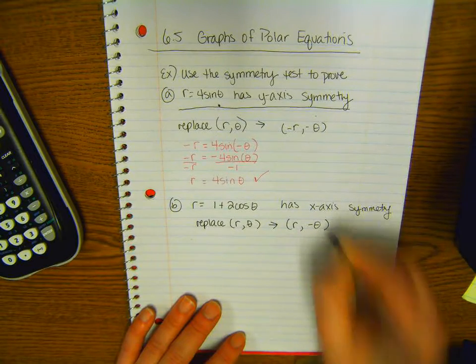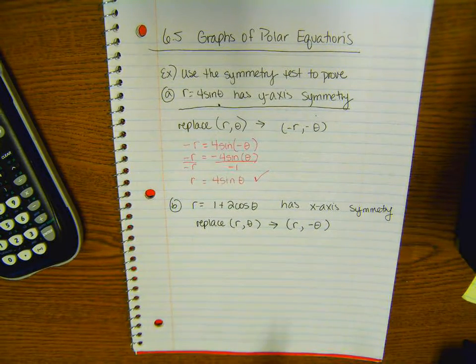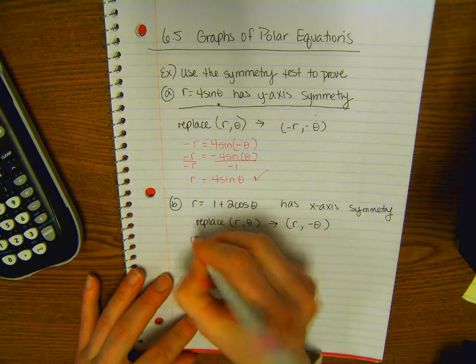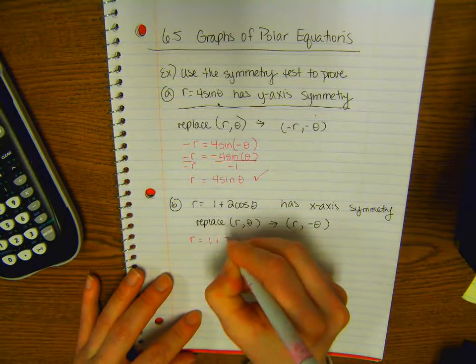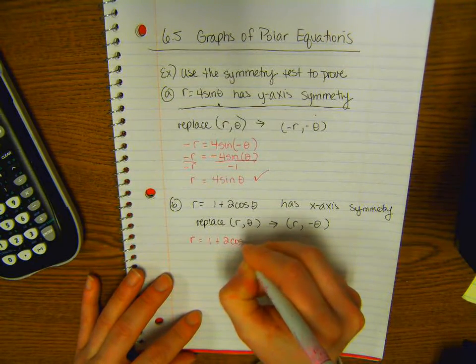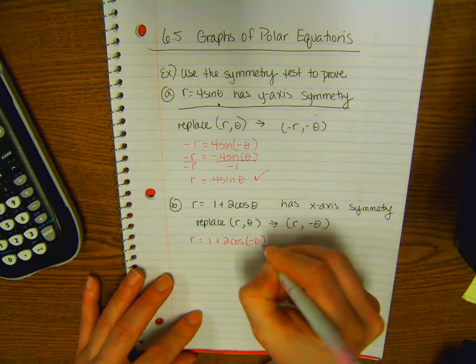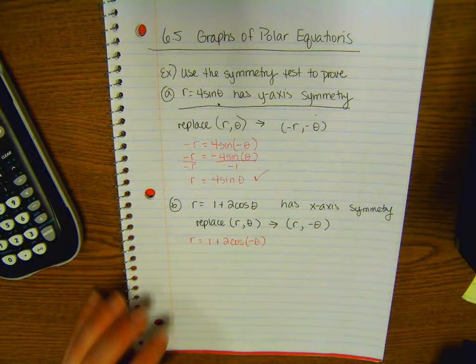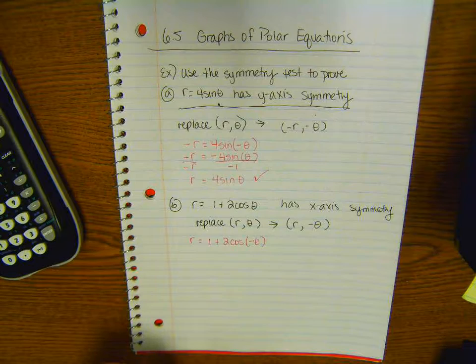So now when we are doing this equation, we are not going to make the r negative, we're just going to make the theta negative and see what happens. So our new function then would be r equals 1 plus 2 cosine of negative theta. What can I do with 2 cosine negative theta?